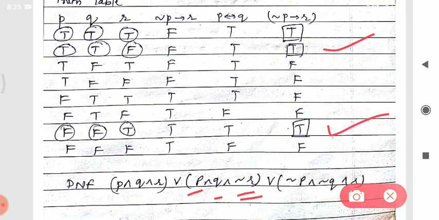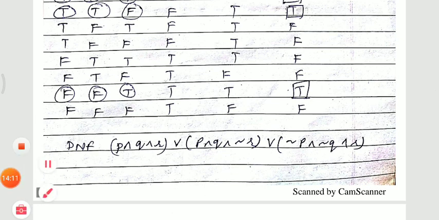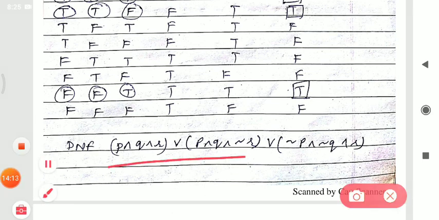Now the third T is FFT, so negation p, negation q and r. Fine, so this is DNF.